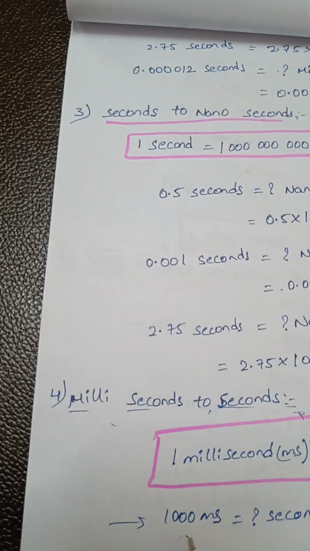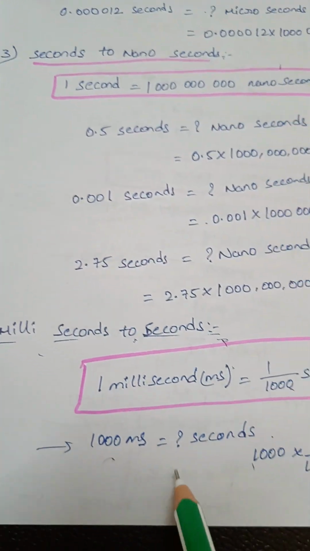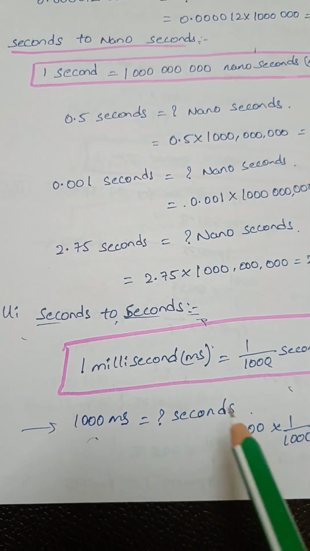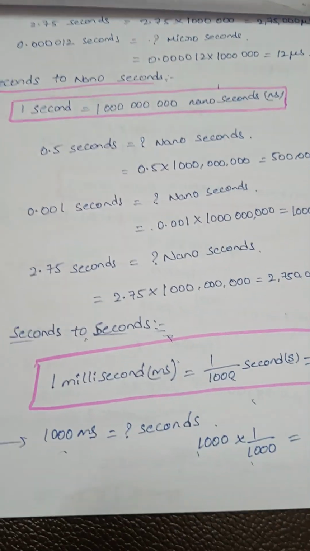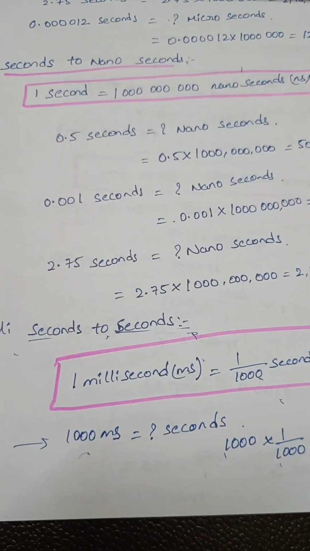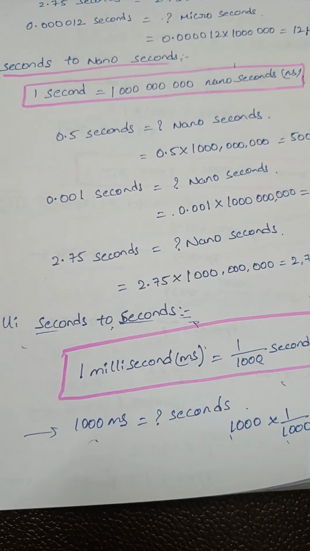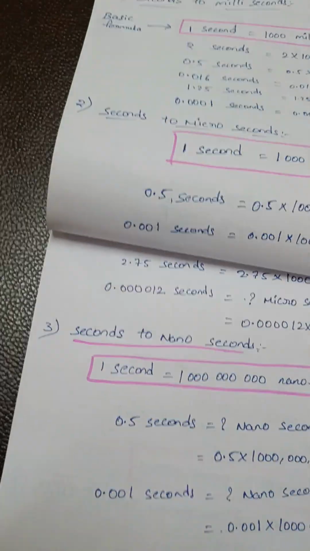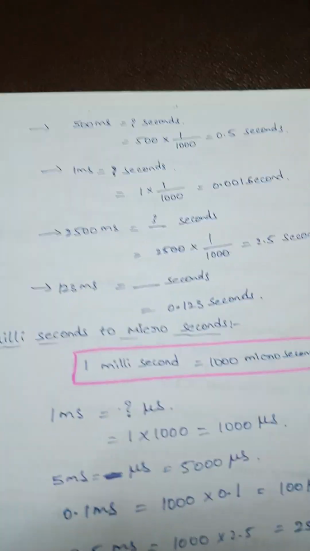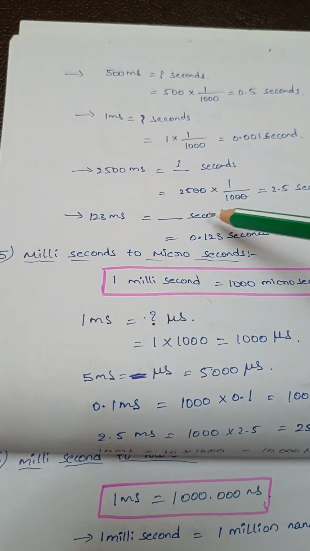Here I am taking one example, 1000 milliseconds. I want it in seconds, so I divide by 1000, and the answer is 1 second.